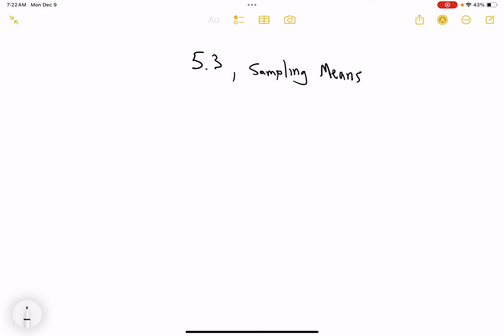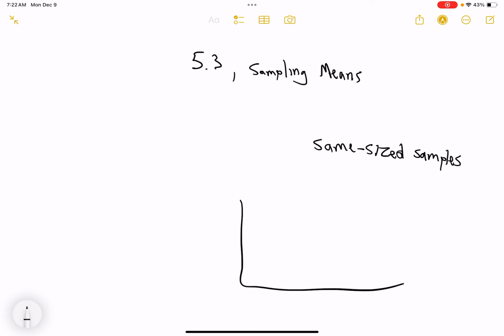Similar to sampling proportions, sampling means are a bunch of small samples, all of the same size, right? Very important to have that in your mind and in your awareness. And those same size samples come together to make a distribution, right? So if you imagine a distribution, I'm going to call it a fairly normal one, and we'll learn how we determine that soon. And there's some demarcations on the x-axis, and each one of them represents a value.